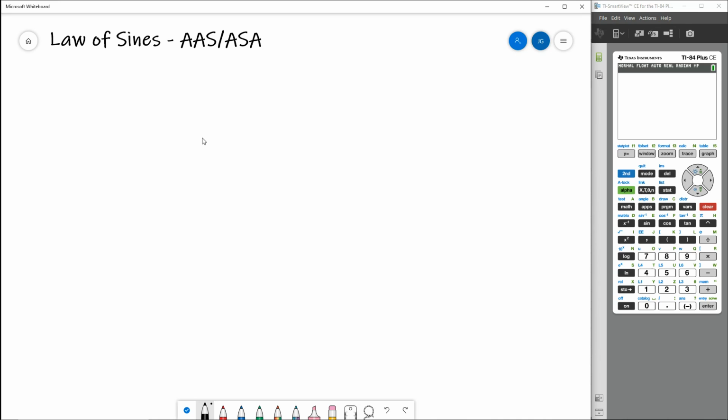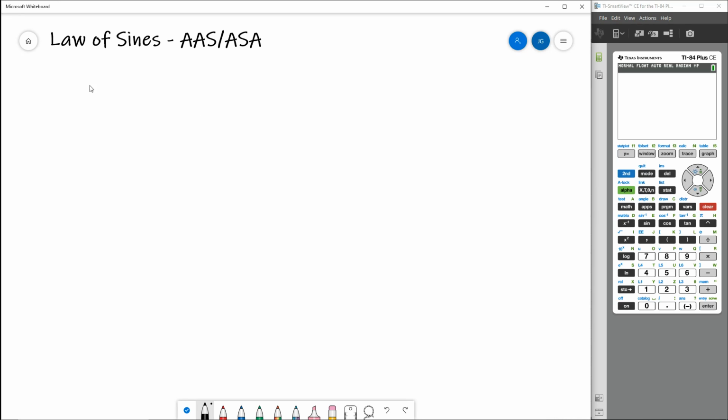Right now we're going to show how to completely solve a triangle using the law of sines when we know any two angles of that triangle and then one side of the triangle.